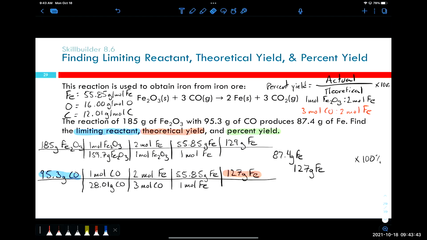Okay, sorry, yeah. Percent error is the actual minus the theoretical divided by the theoretical. Percent yield is your actual divided by the theoretical.